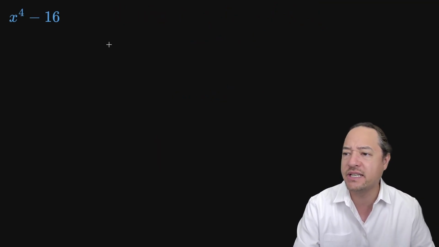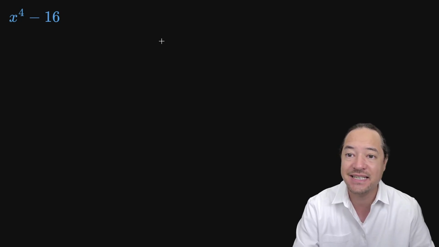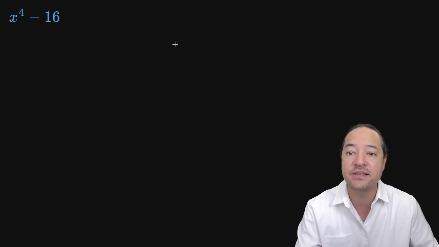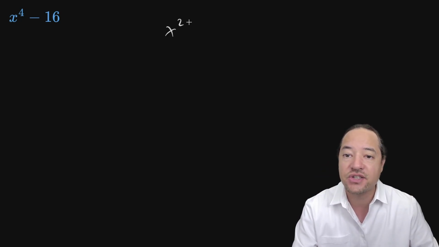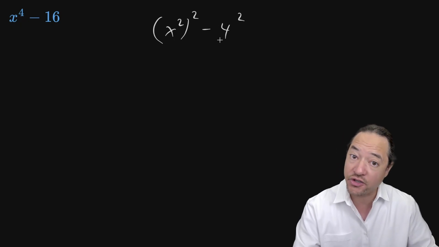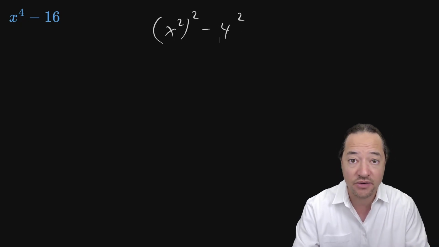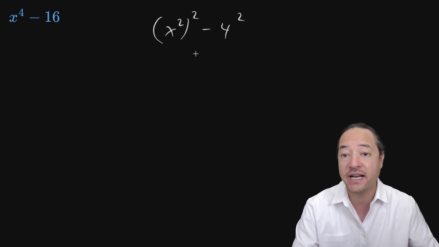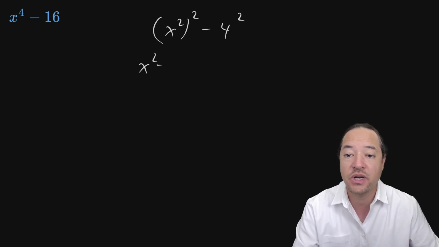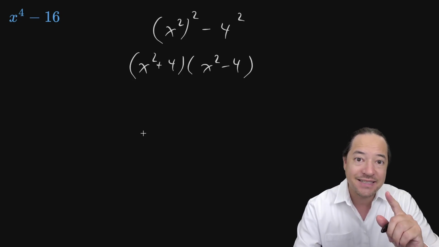So here we have one. It's x to the fourth minus 16. Now I want to recognize this is the same as x squared squared minus 4 squared. So we have here a difference of two squares. We know then how to factor this. This will become x squared plus 4 multiplied by x squared minus 4. Okay, but we're not done.